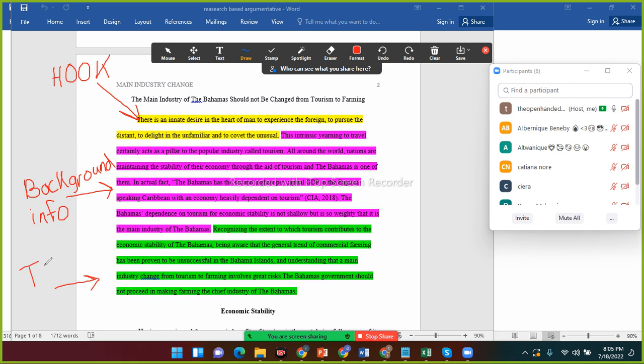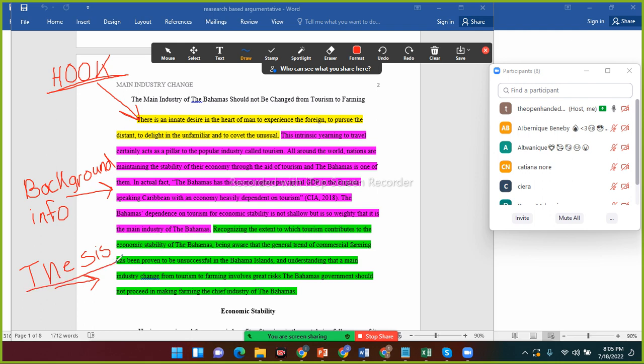Your introduction cannot be too short. It has to be at least 5 to 8 sentences. The hook grabs your reader's attention, and the background information explains a little bit about your topic.